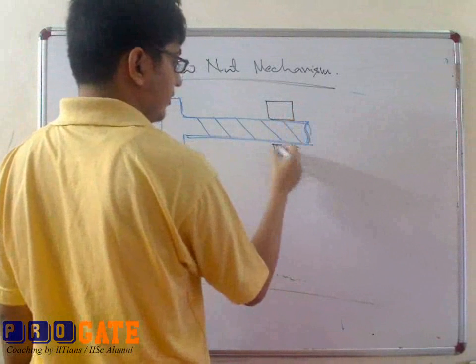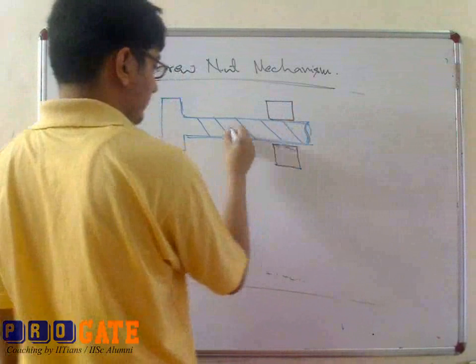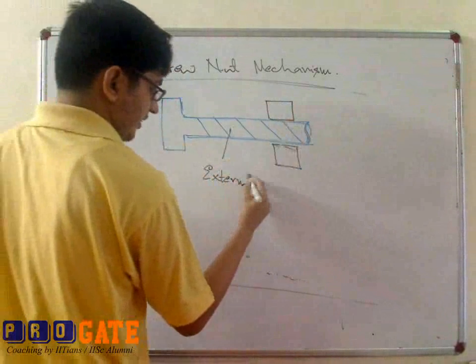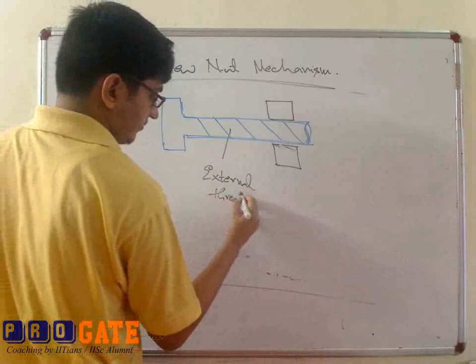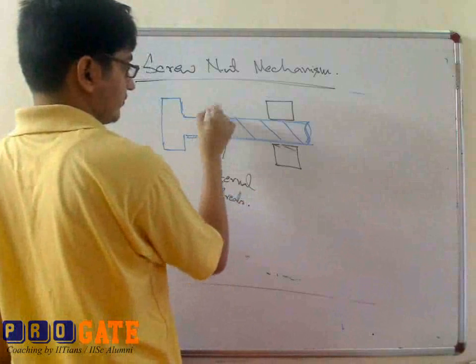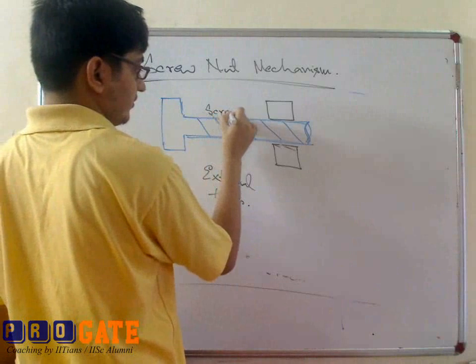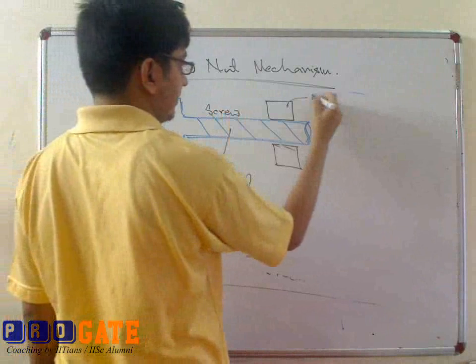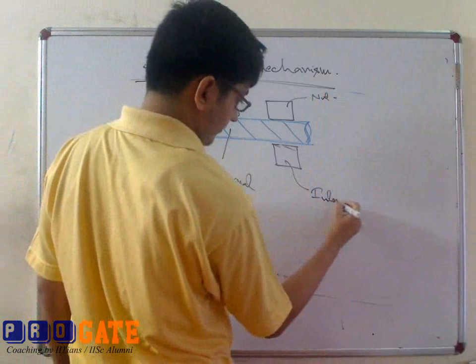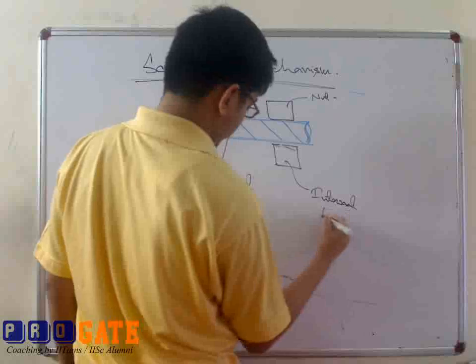In this nut there are also internal threads. In this screw it is an external thread. This is the screw, this is the nut, and in this nut there are internal threads.